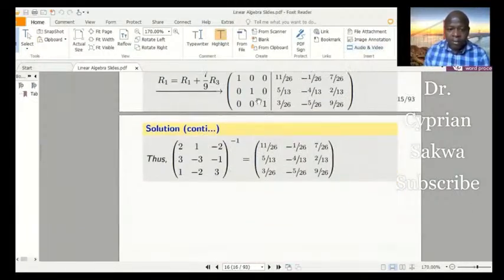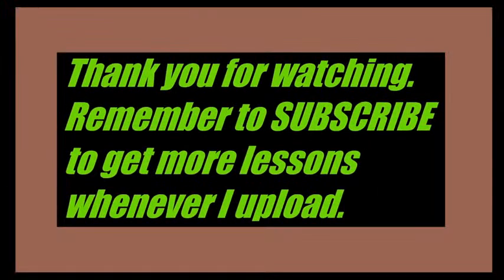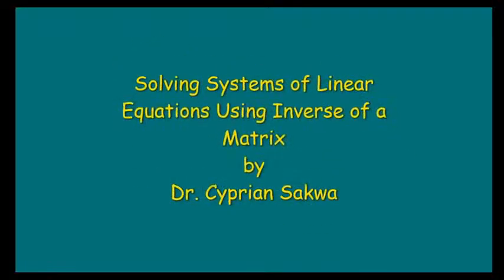So that's how we use Gauss-Jordan or the row reduction method to find the inverse of matrices. Let's now, in the next video, focus on how to solve systems of linear equations by use of inverses. Thank you.